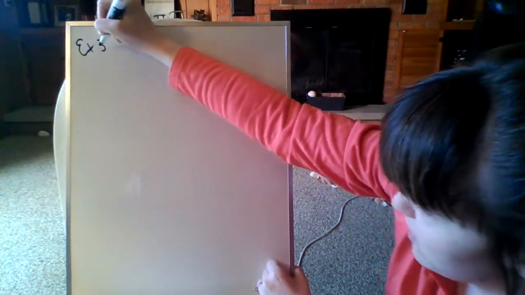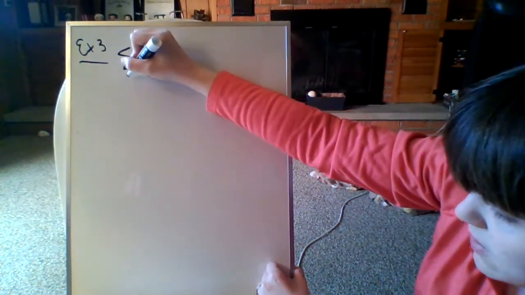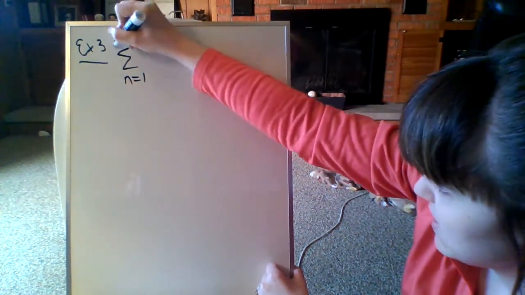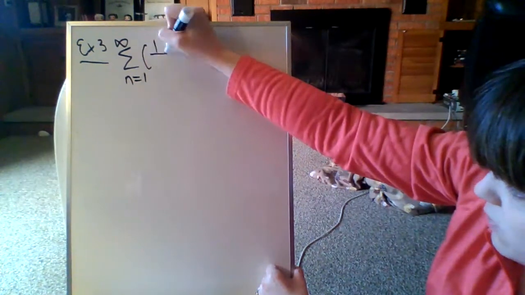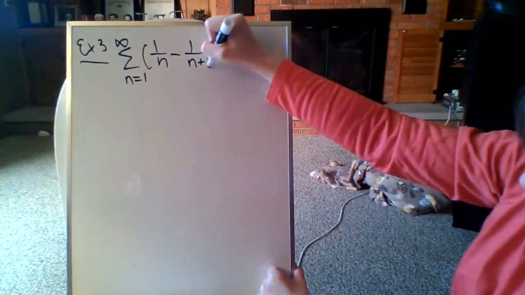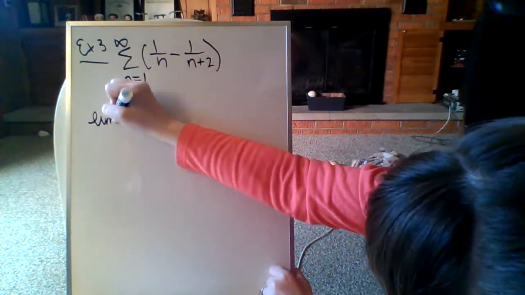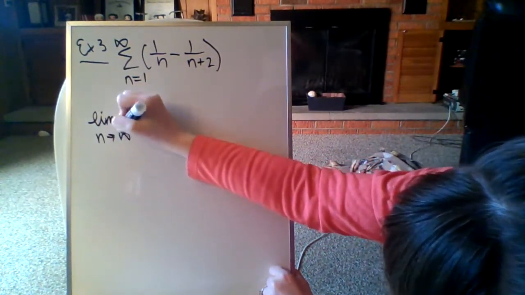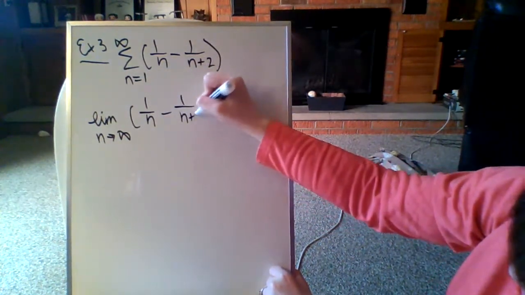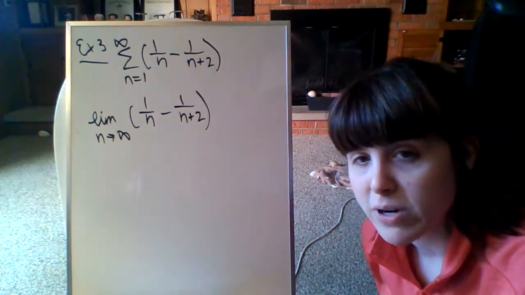So example 3, we have the series n equals 1 to infinity, 1 over n minus 1 over n plus 2. And we're going to find the limit as n approaches infinity of this. Now this you can't really divide by the highest power of n.